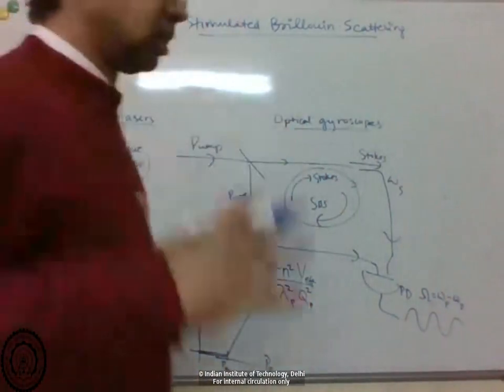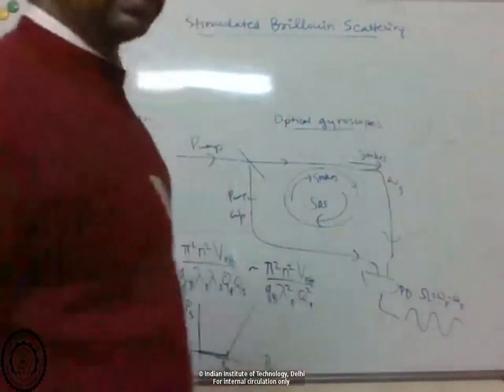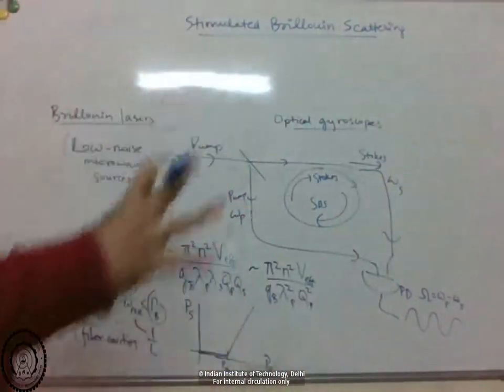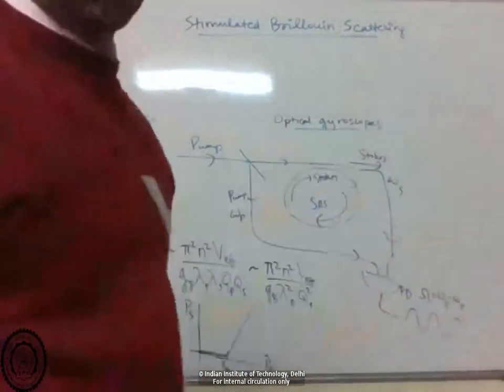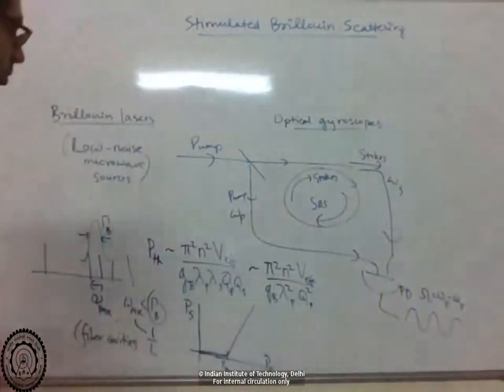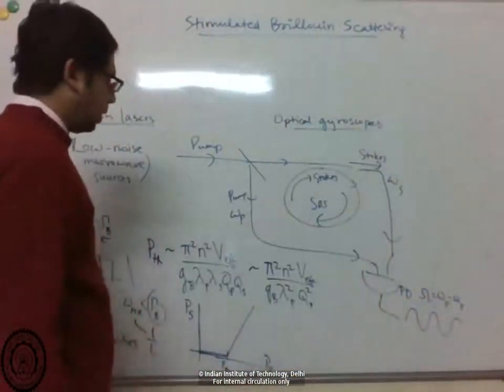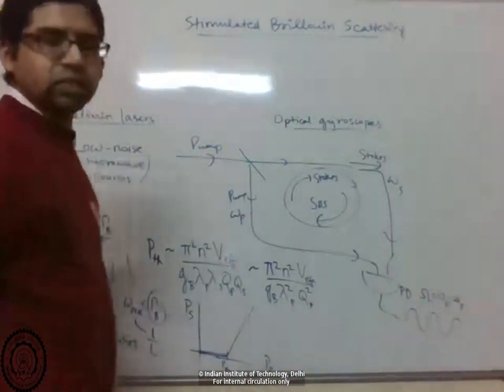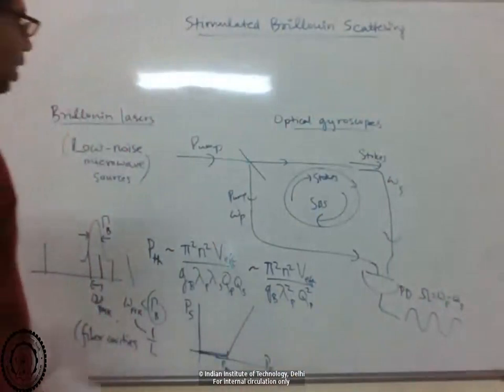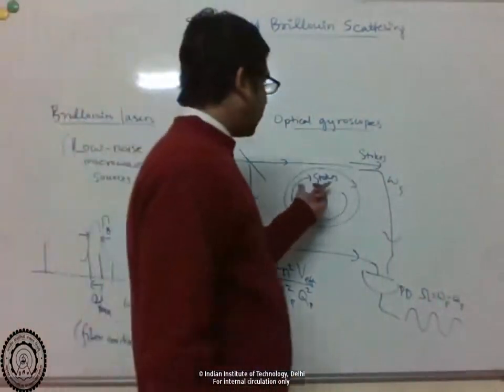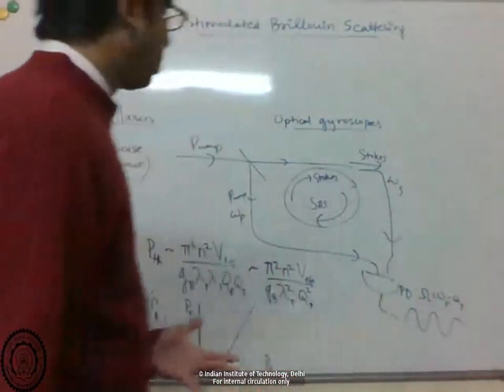For example, in aircraft you want to know where you're going, right? So you need gyroscopes to know exactly which direction you're pointing, and if you're rotating, by how much. There are different kinds of gyroscopes, like mechanical gyroscopes, but with optical gyroscopes you can get very good performance.